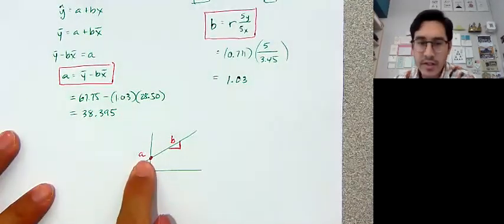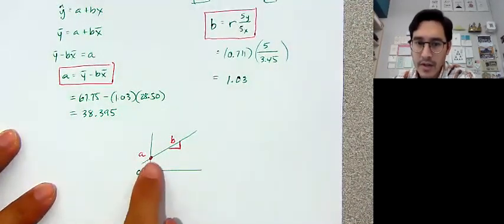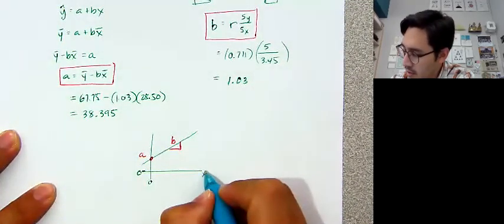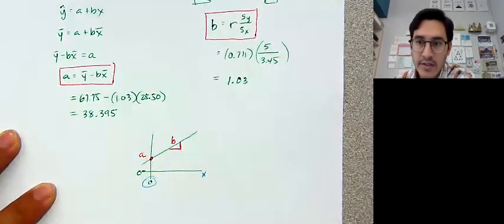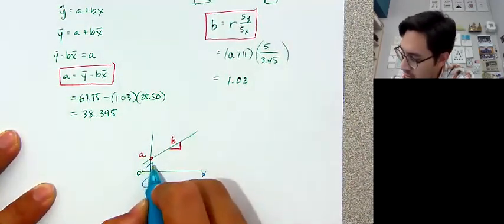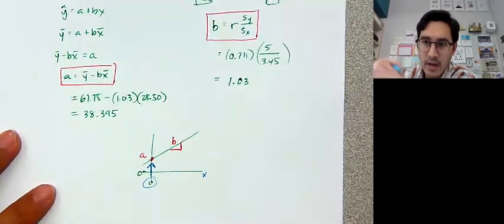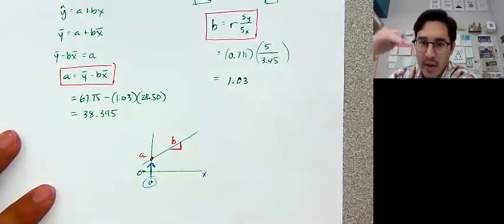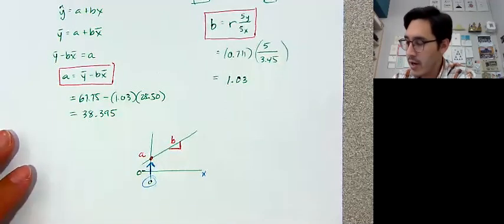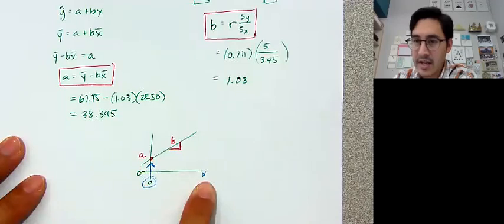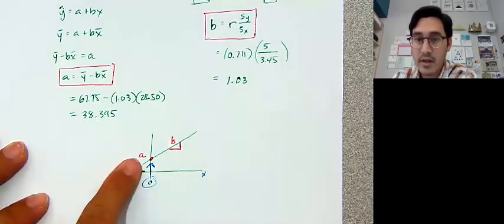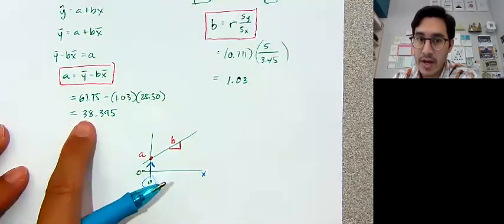All right, let's change colors here. So let's focus on the intercept first, right? So the intercept always occurs when our x variable is 0. When the x value is 0, that is when the line will have a value, a height of a, okay? And so that's how we want to interpret it. So when the x value, in this case foot length, is 0, the height will be a, which is 38.395.